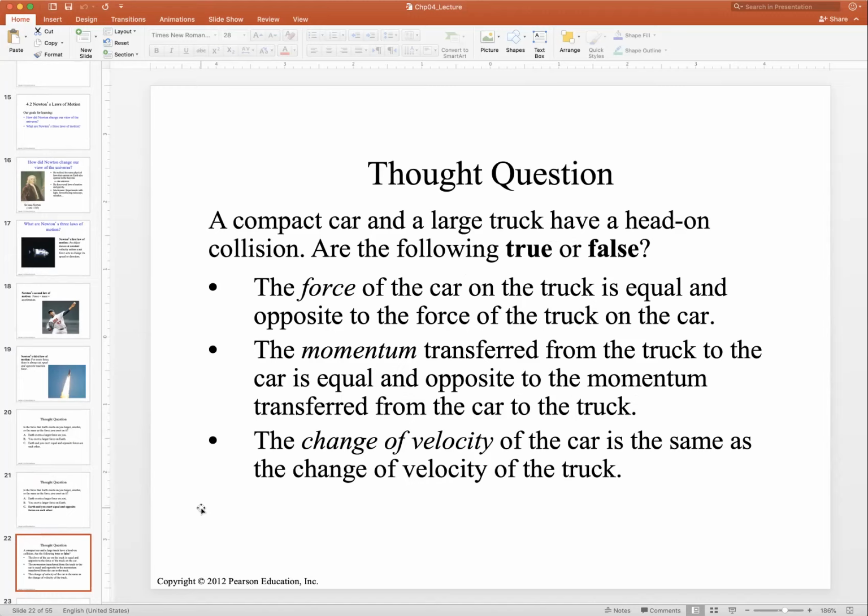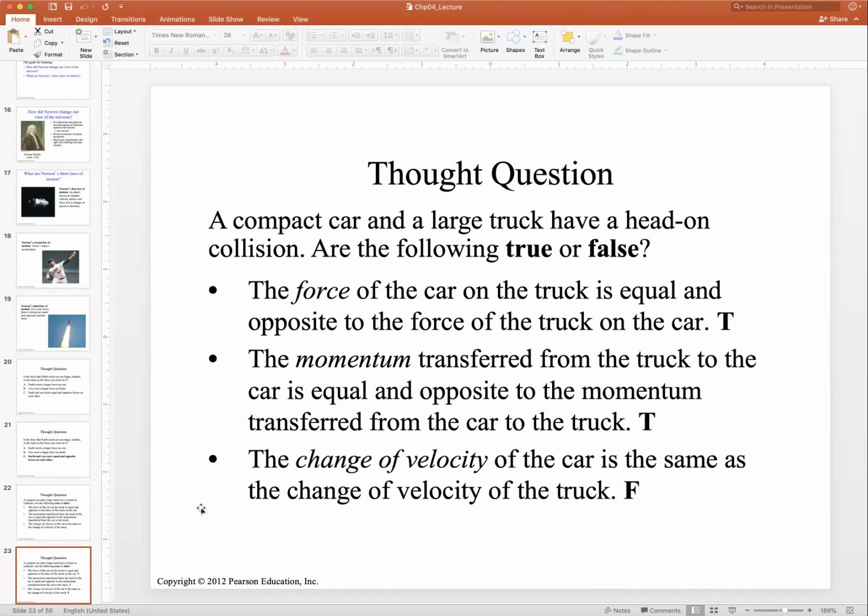The momentum transferred from the truck to the car is equal and opposite to the momentum transferred from the car to the truck. And the third one that we have to find whether true or false is the change of velocity of the car is the same as the change of velocity of the truck.